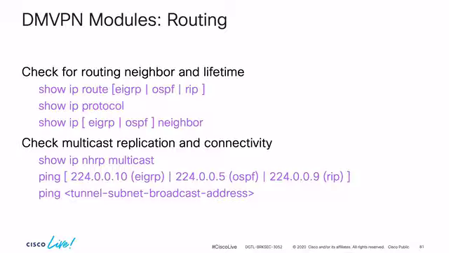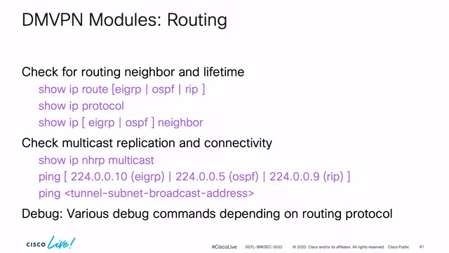You would use the same thing on the DMVPN too. As I said earlier, the various debug commands are the same as what you would have with routing over your regular IP network. There's nothing specific with DMVPN, so I'm not going to go into it.